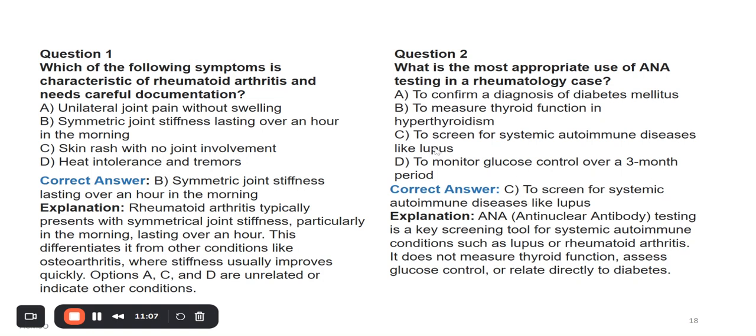Definitely the answer is C, to screen for systemic autoimmune diseases like systemic lupus erythematosus, SLE. ANA, anti-nuclear antibody testing, is a key screening tool for systemic autoimmune conditions such as lupus or rheumatoid arthritis, RA. It doesn't measure thyroid function, assess glucose control, or relate directly to diabetes.